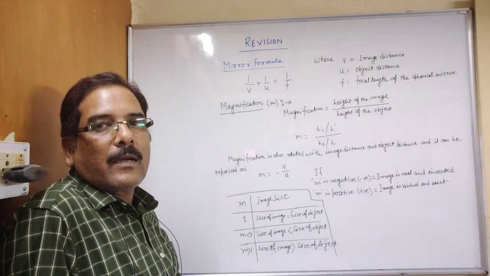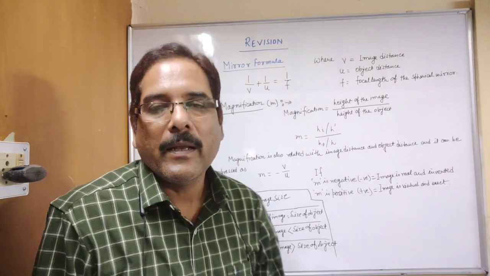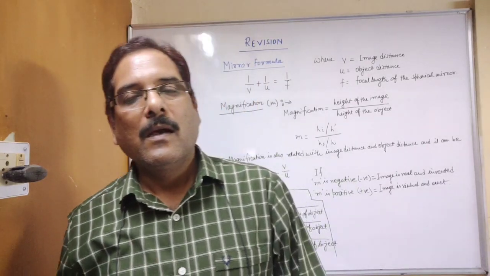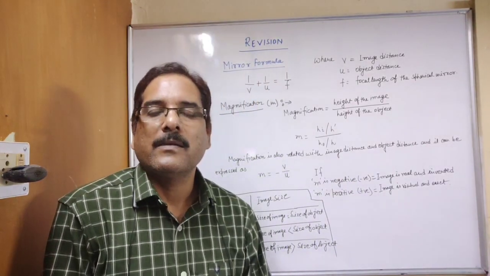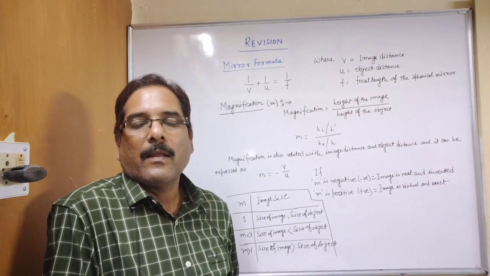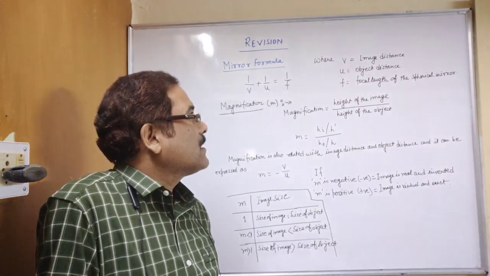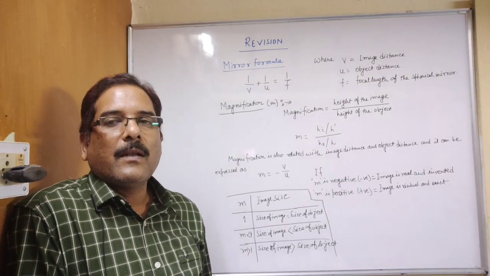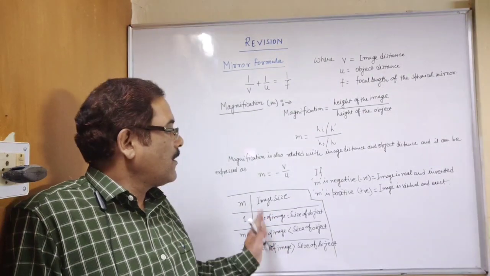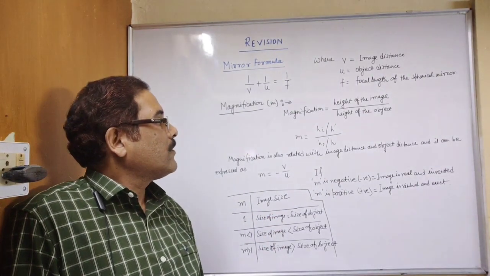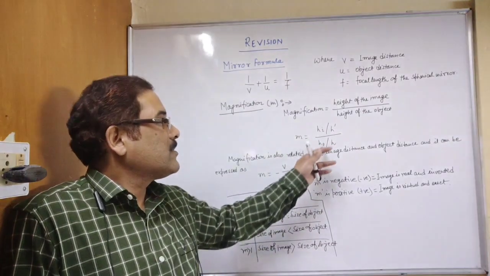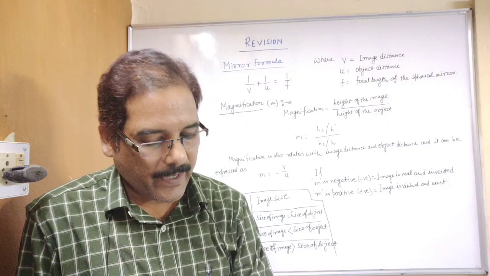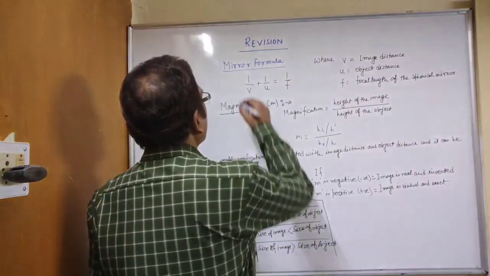If you make a clear concept of these things, then you will be able to solve any numericals related to spherical mirrors: the sign convention, the mirror formula, what magnification is, the meaning of its sign, and how to calculate magnification. These formulas are very important. You must learn them.